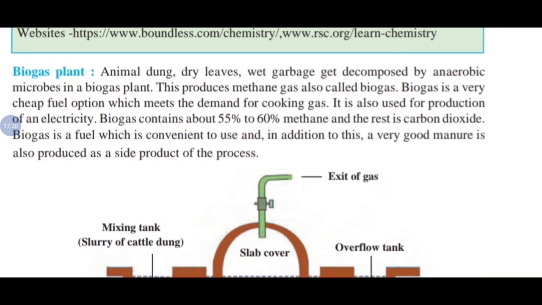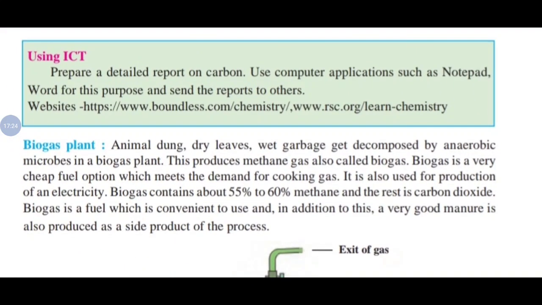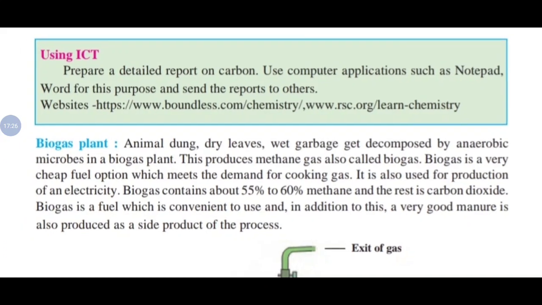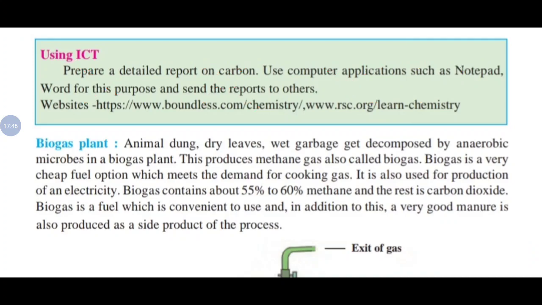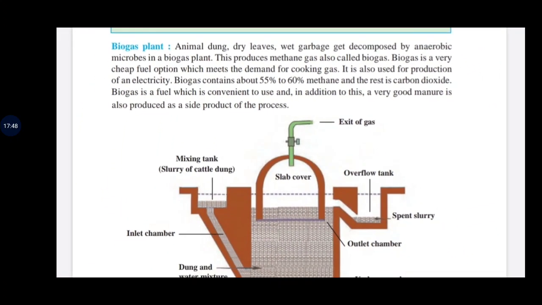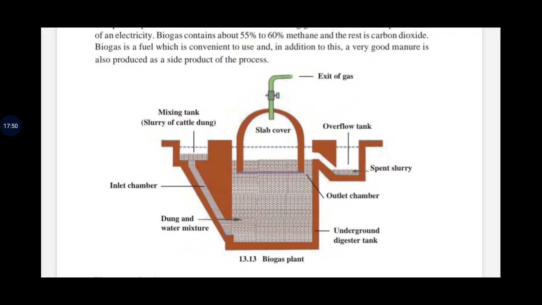The next point is biogas plant. The above green color box is omitted from our syllabus, remember. Now the question asked is to write a short note on biogas plant, or even to draw the diagram of a biogas plant.